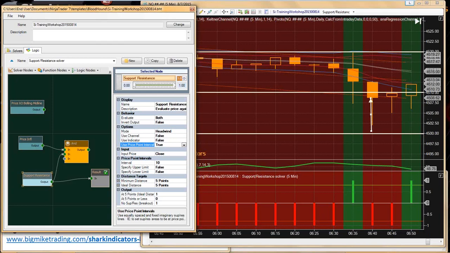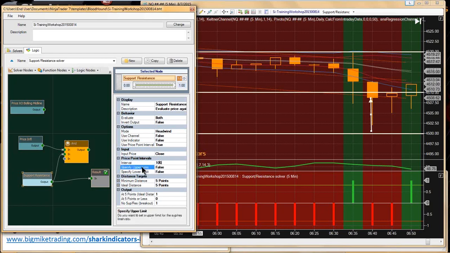That 18,000 is a round whole number, and it's a kind of psychological resistance value for the mind. It's not a real resistance, but that big number of 18,000 in itself is psychological. So you could use these price point values to build these psychological resistance values on price.